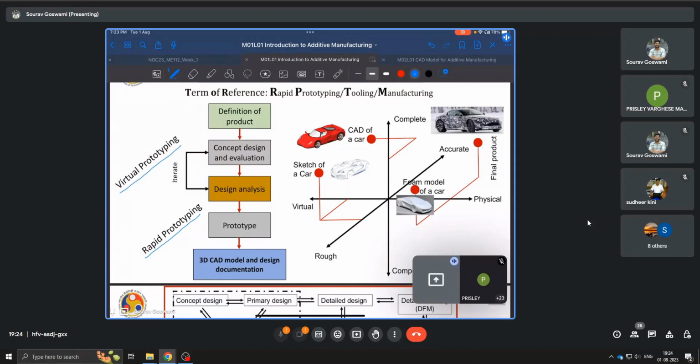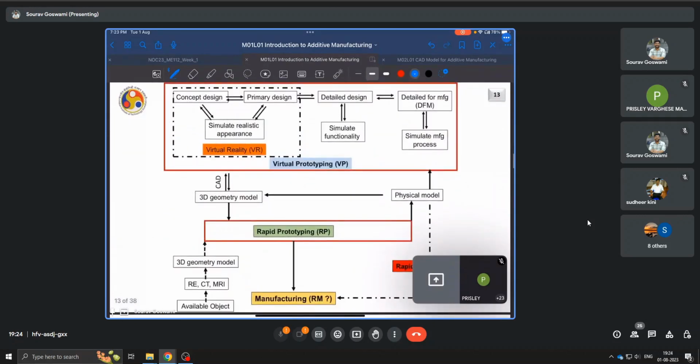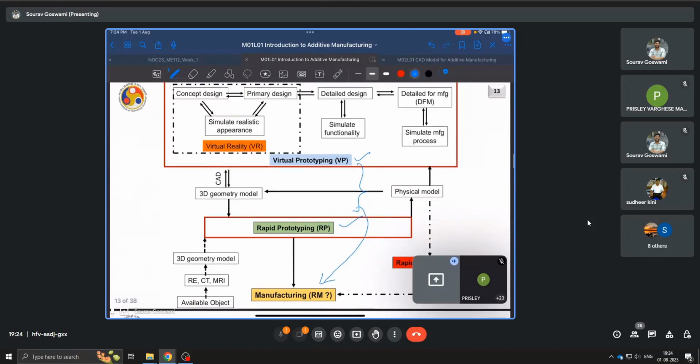You can predict what will happen to the part, but then it's all predictions. It's not validated as of yet. This is a flow diagram connecting virtual prototyping with rapid prototyping, connecting these two concepts together to generate what is called rapid manufacturing, that is the entire manufacturing cycle.